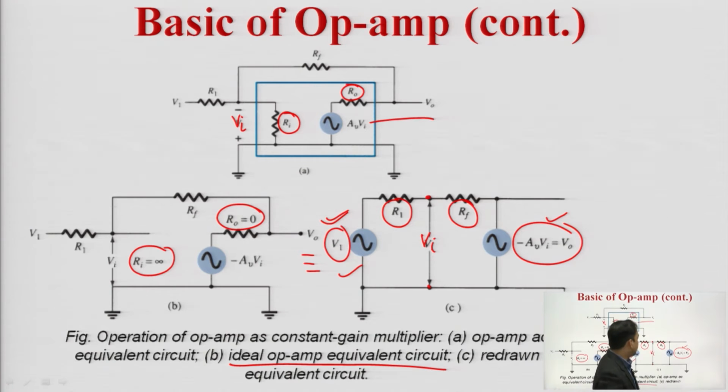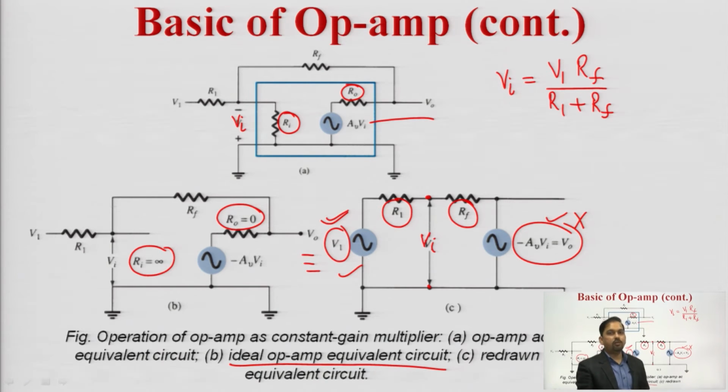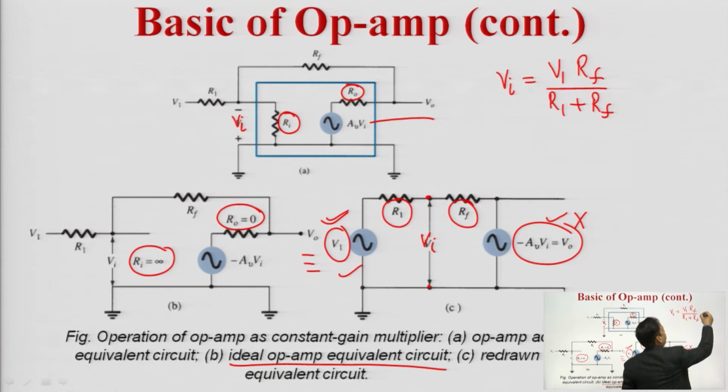First, suppressing this source, what is Vi? Using a voltage divider, Vi equals V1 multiplied by Rf divided by R1 plus Rf.